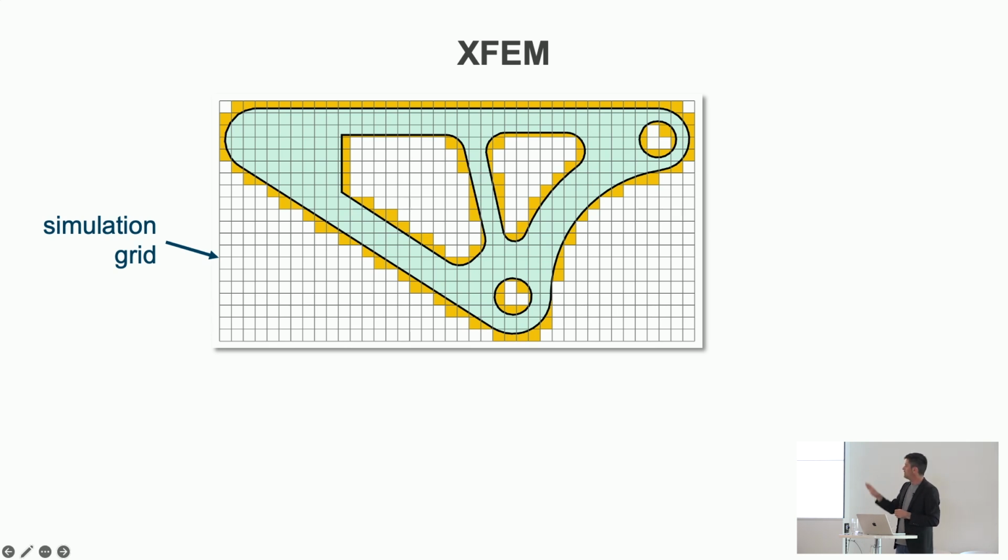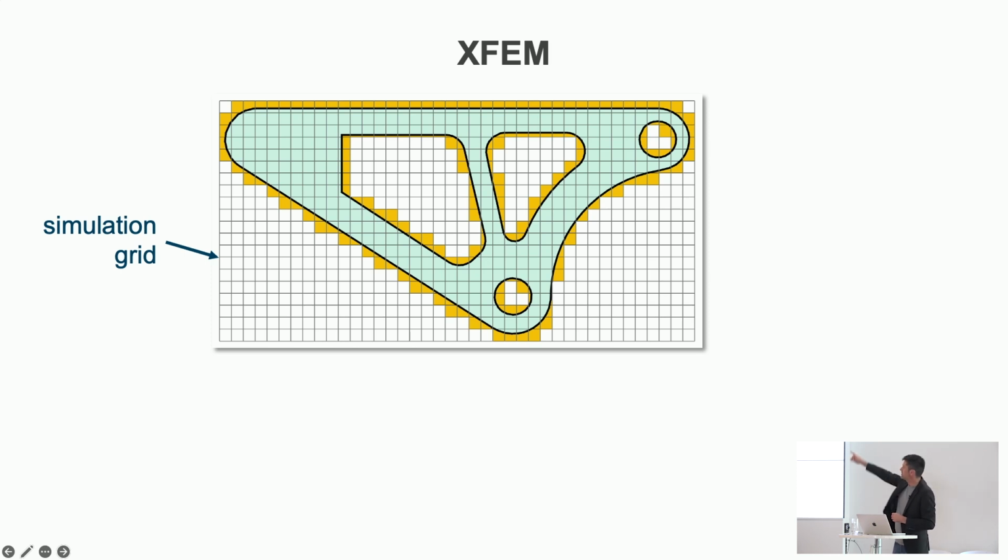Now, I don't want to spend too much time on how it works, but I just want to give you a quick flavor of it. In terms of the simulation, the underlying method is an XFEM method. That's an extension of the classical finite element method, where your simulation mesh does not need to exactly correspond to the boundaries of the object that you're simulating.